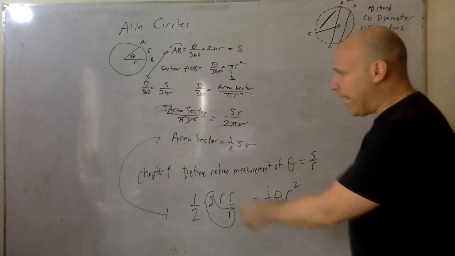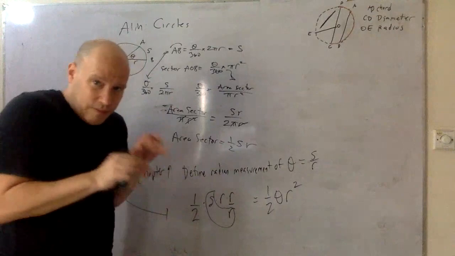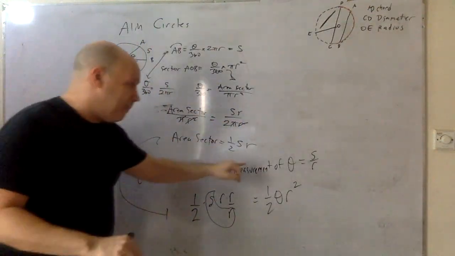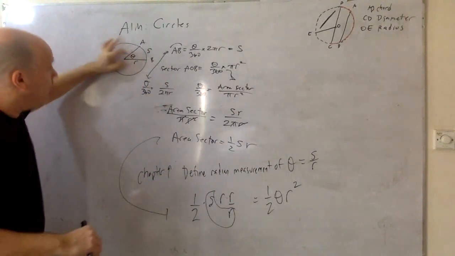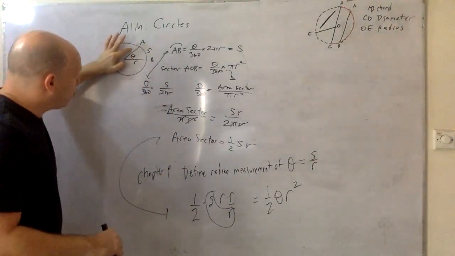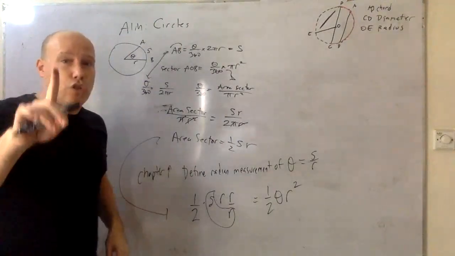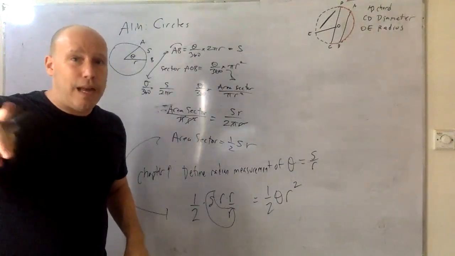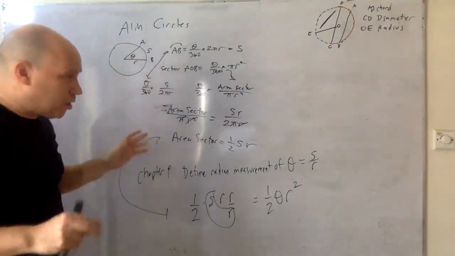So here's another formula for the area. Now we're in radian worlds. If you know the radian measurement of theta, the area of the sector is 1/2 r squared times theta. That should remind you of the area of a triangle, 1/2 r squared times sine C, because the radii are the same length.